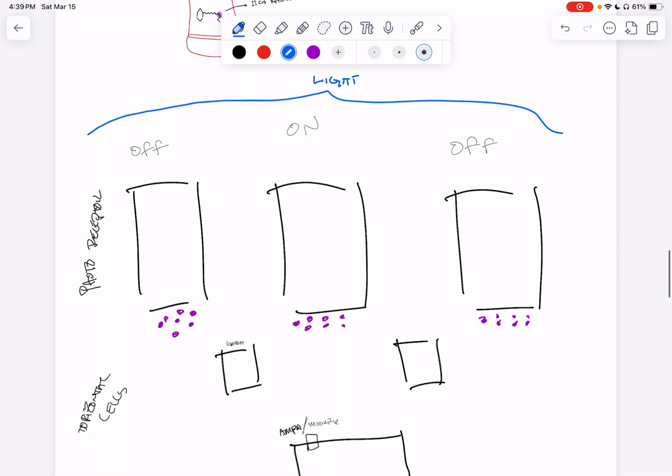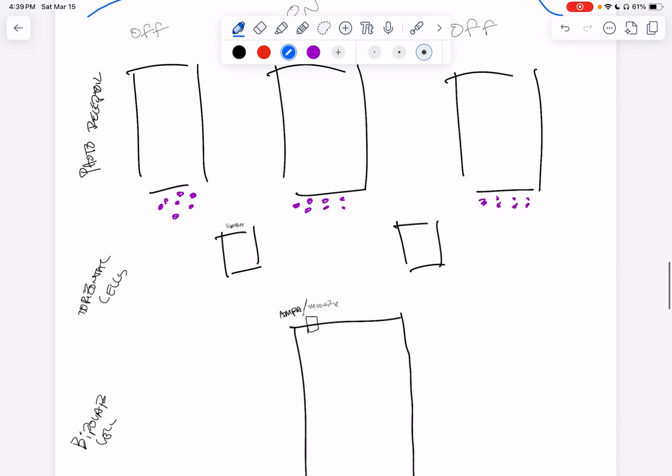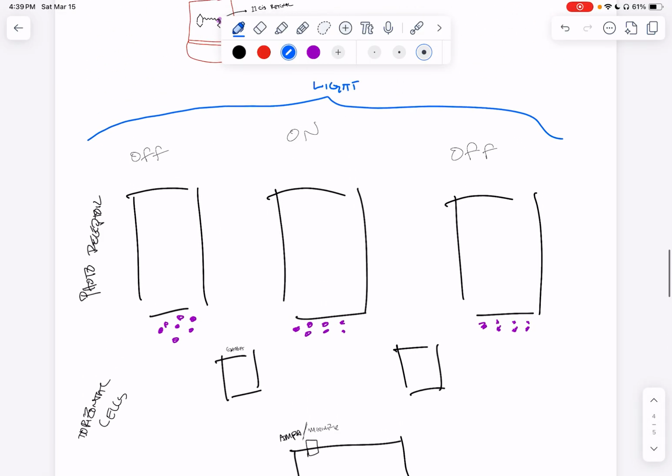Now, the reason they're called off surround or on center is because of what they do to the bipolar cell following it. In the case of off surround, let's look at that first.